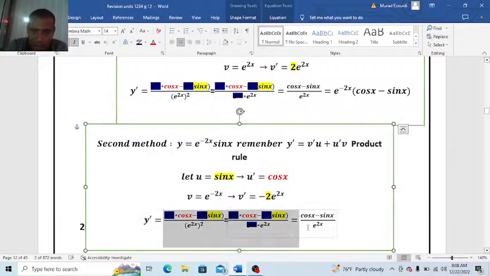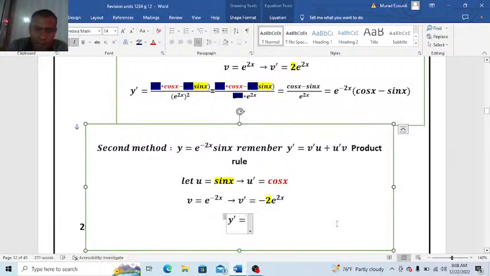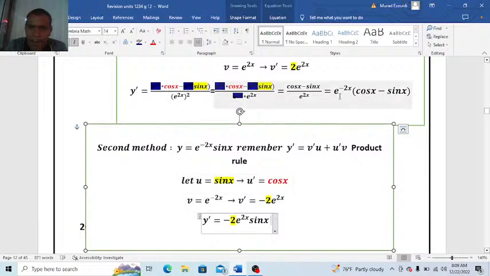I will erase all of this. So y dash is what? In fact, it is v dash, which is this, multiplied by u. u is sine of x. Then what else here?